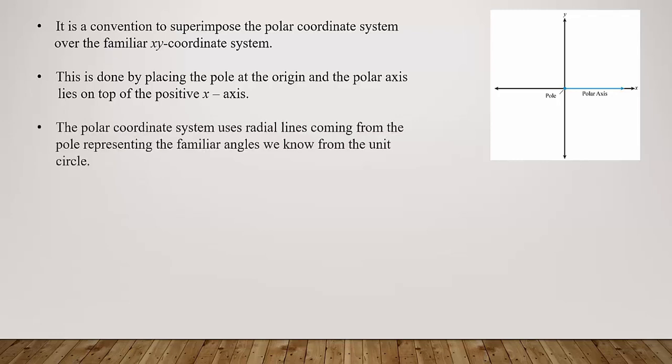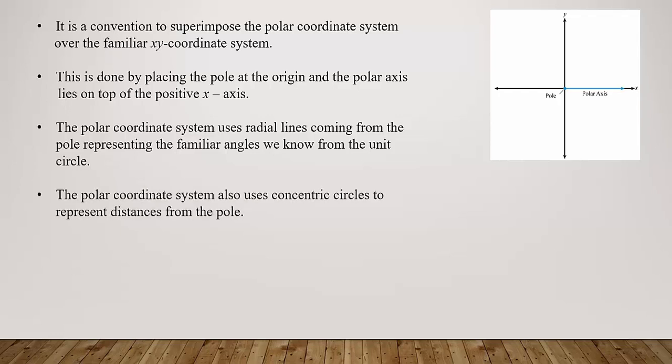A little bit more. Now, the polar coordinate system uses radial lines coming from the pole, and these radial lines represent the familiar angles that we know from the unit circle. Remember those familiar angles from the unit circle? Pi over 6, pi over 4, pi over 3, 2 pi over 3, etc. One more thing the polar coordinate system will use is concentric circles to represent distances from the pole.